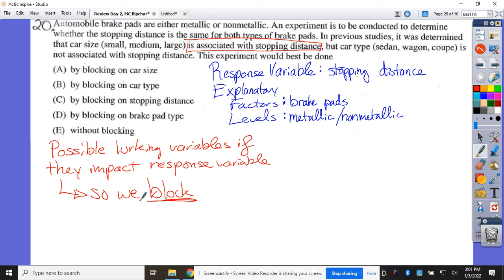So the answer here is what? By blocking car size. We're blocking on car size because we block by something that directly impacts the response variable. So this is a randomized block design, which I'm going to start to draw out for you in a second, so that you'll remember what it is I'm talking about.